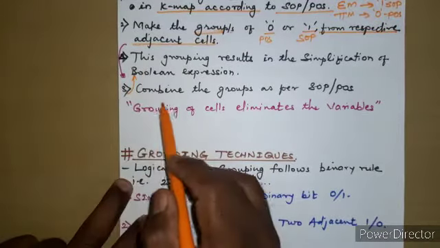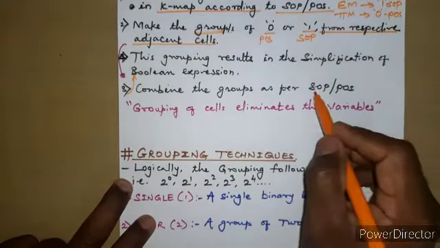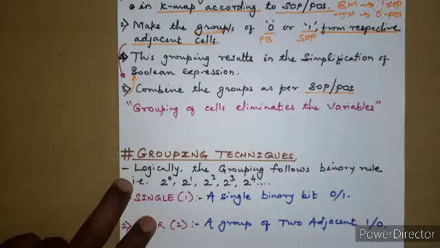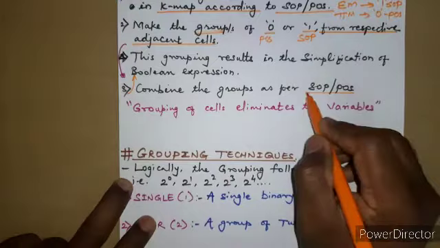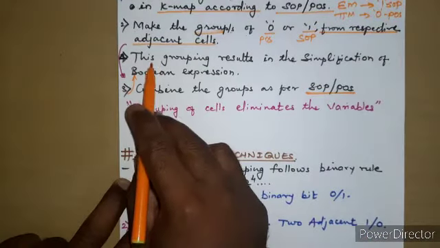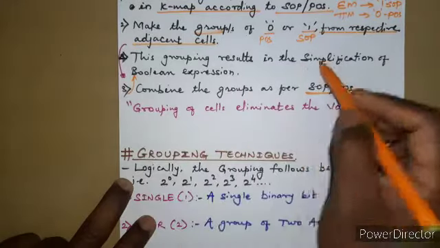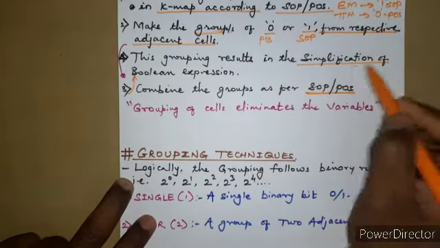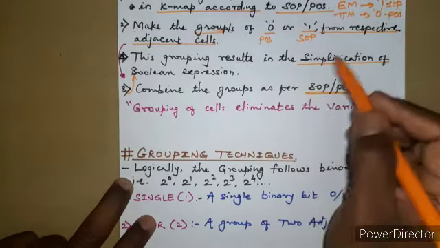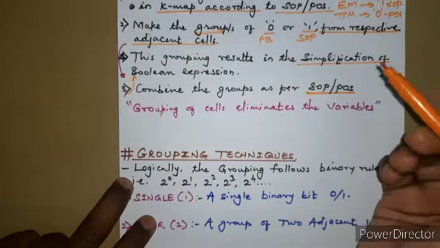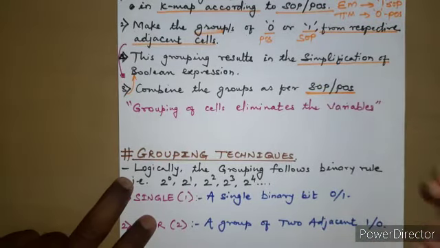Now the third point: combine the groups as per SOP or POS. Then this grouping results in the simplification, so you come almost directly to the answer of the given question.